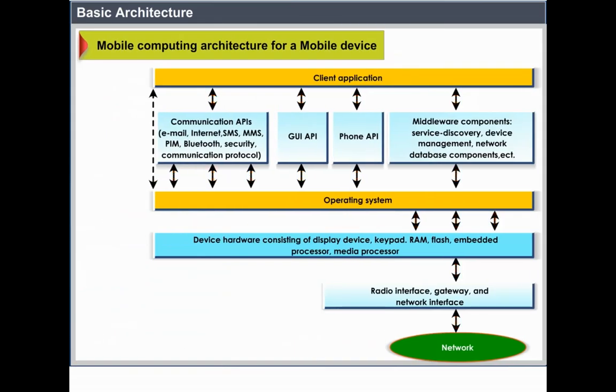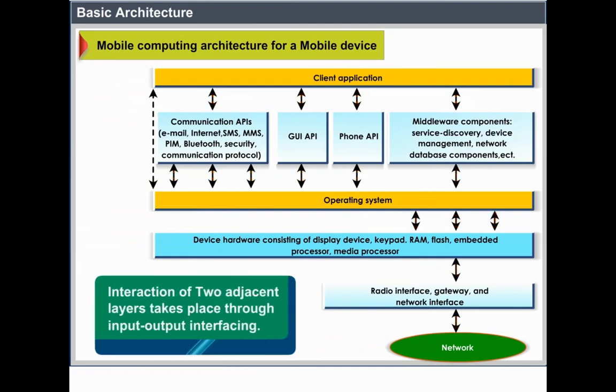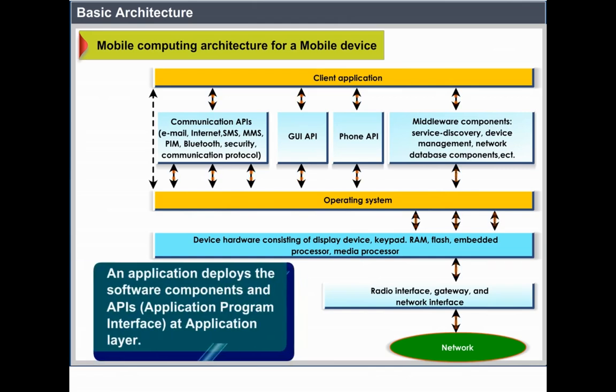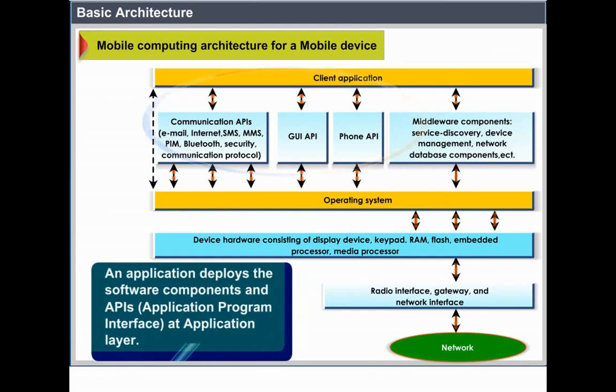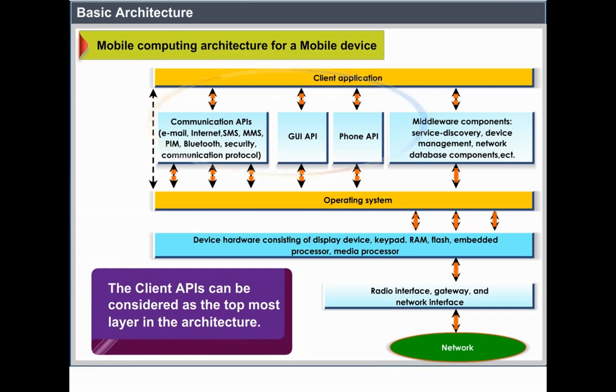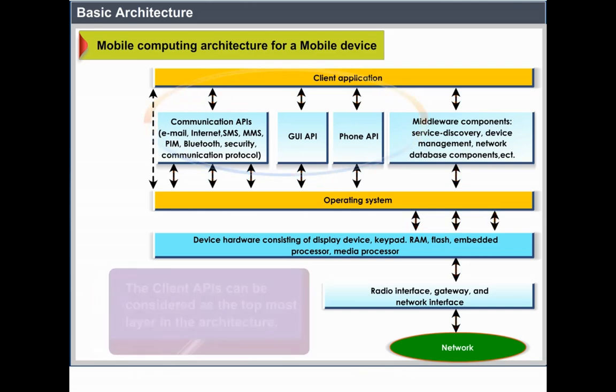Two adjacent layers interact with each other through input-output interfacing. An application deploys the software components and APIs, application program interface, at application layer. The client APIs can be considered as the uppermost layer in the architecture.